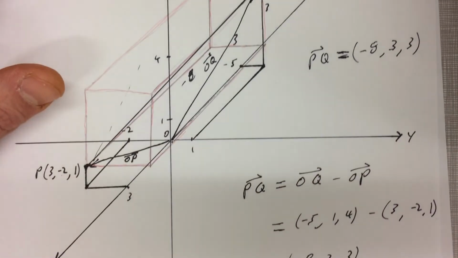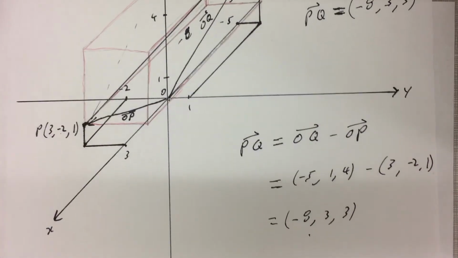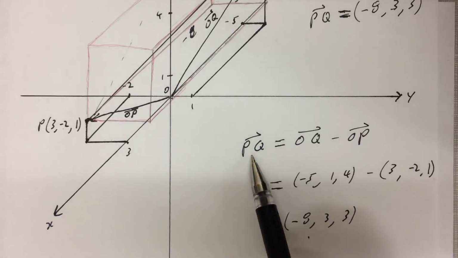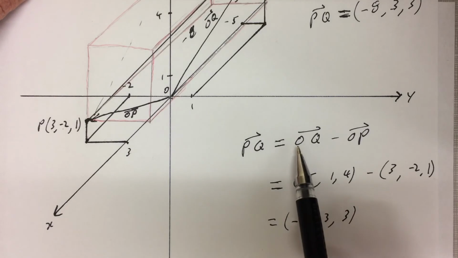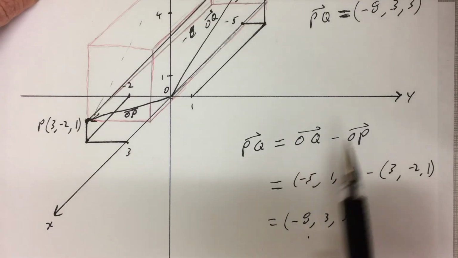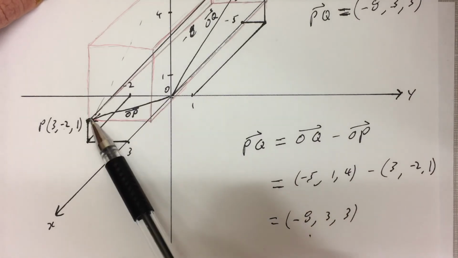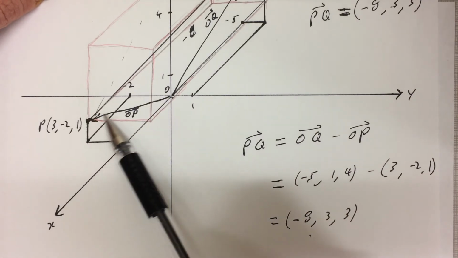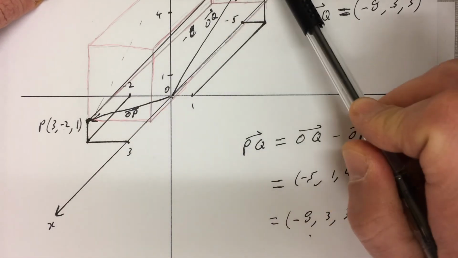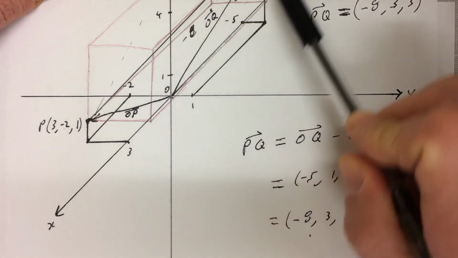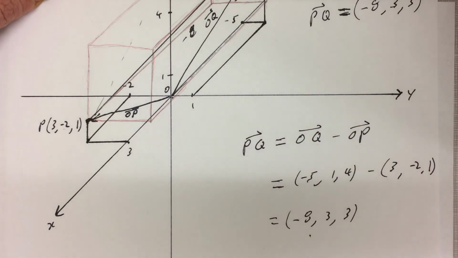If we look at it more algebraically, in the same way that we did before, PQ equals OQ minus OP, which is true. PQ from tip of the vector OP to tip of the vector OQ, that is a parallelogram law again.